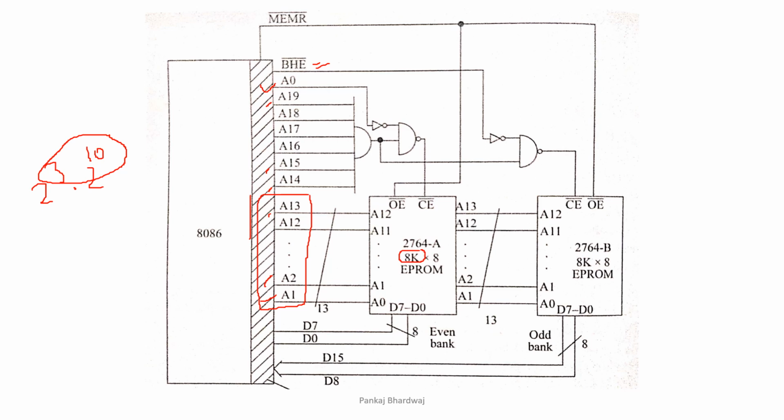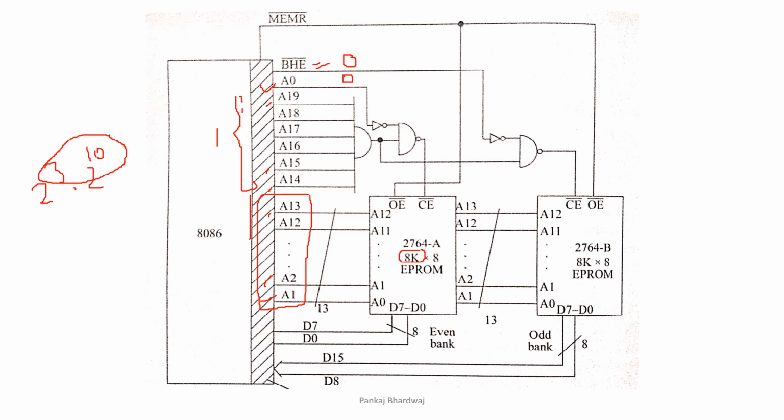Now take an example in which BHE is 0 and A0 is 0. These are all ones. In the previous slide, we mentioned that these are all 1, FC, that means 1, 1, 1, 1, 1, 1, 1, 1.